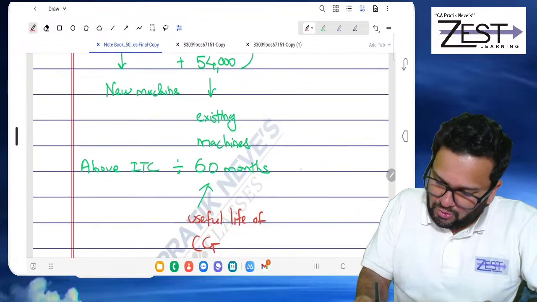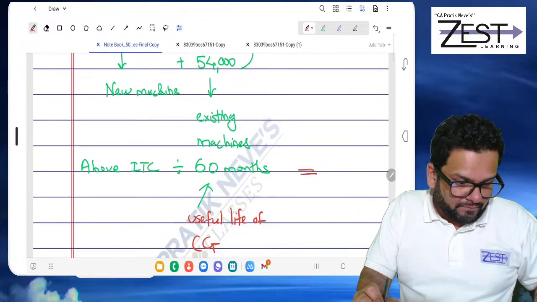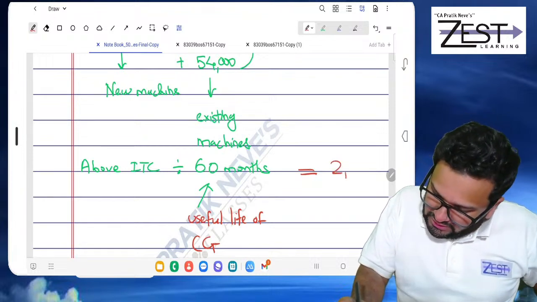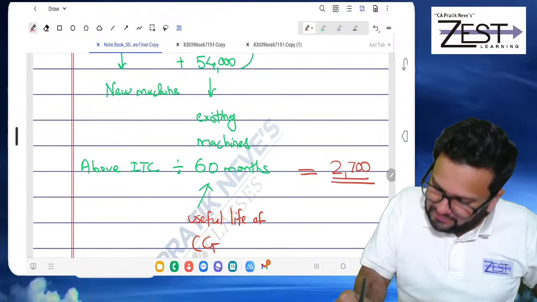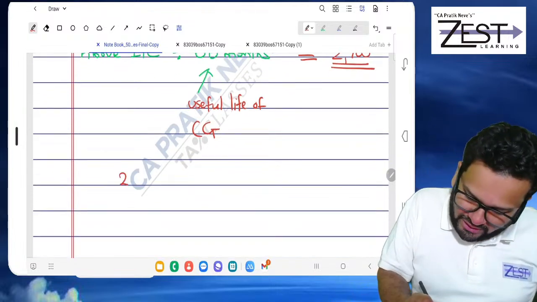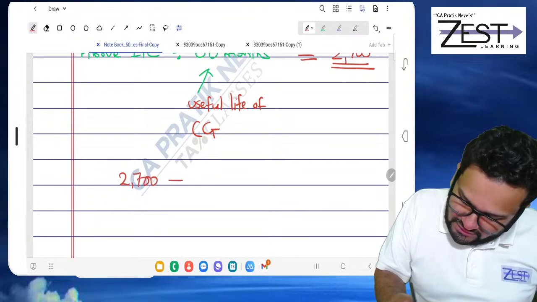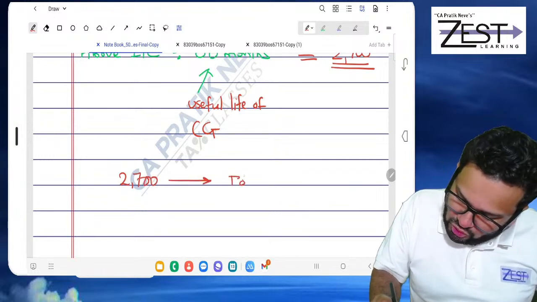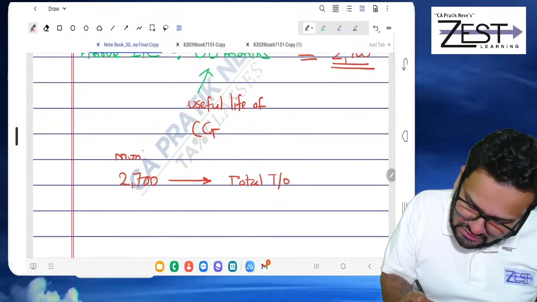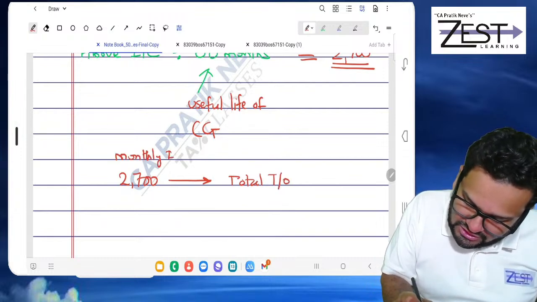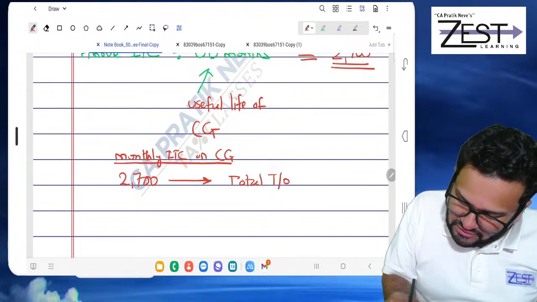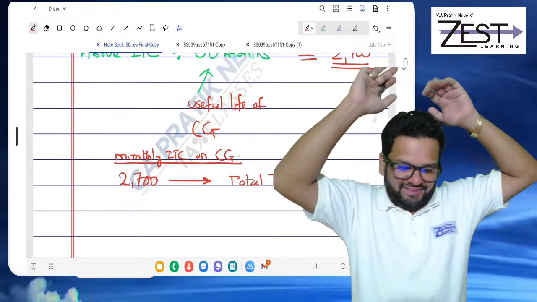So, what is the amount that you are getting? 162 divided by 60. Are you getting 2,700? So friends, do you agree 2,700 is monthly ITC on CG, which you have already enjoyed?